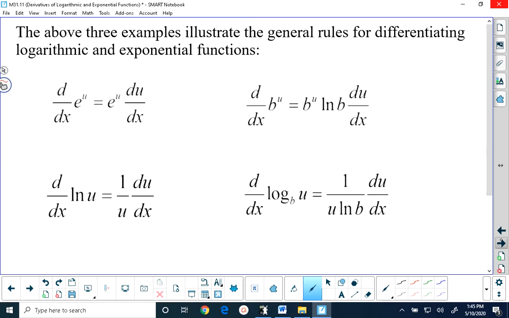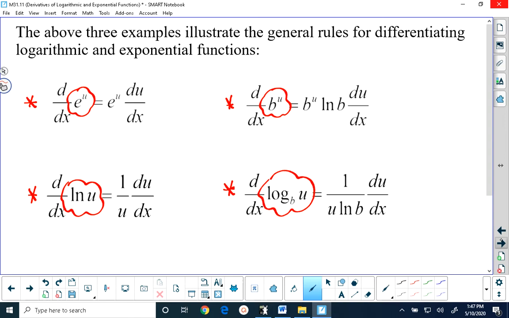When I take a look at this statement, we are differentiating this operation. This statement is talking about the derivative of this operation, and the final statement is talking about the derivative of this operation.